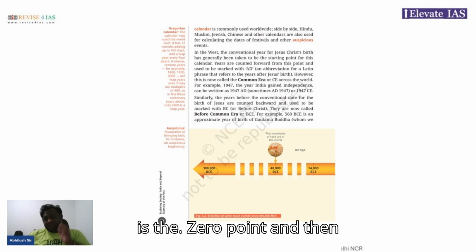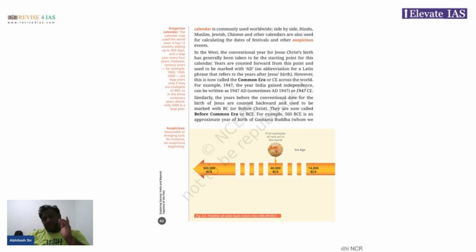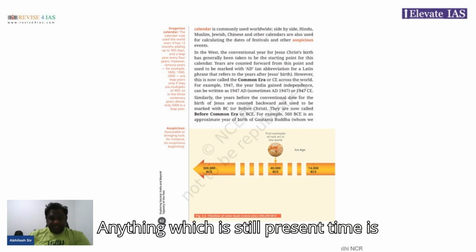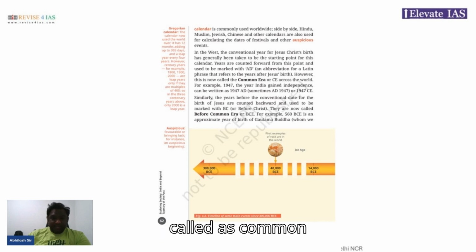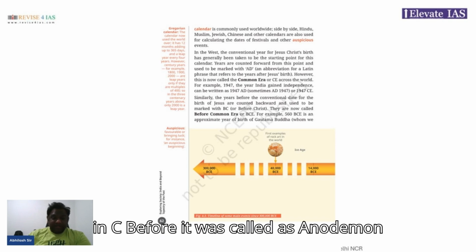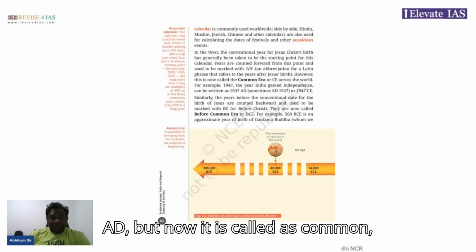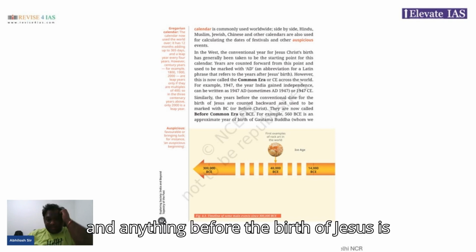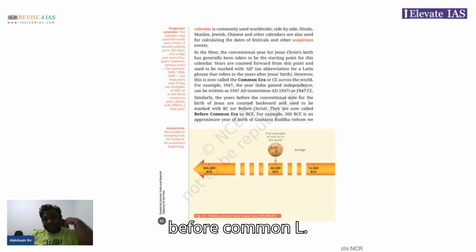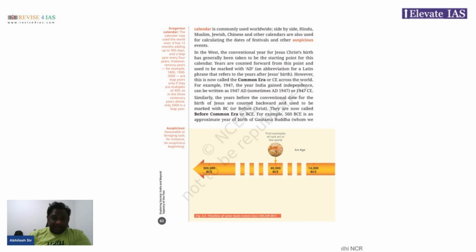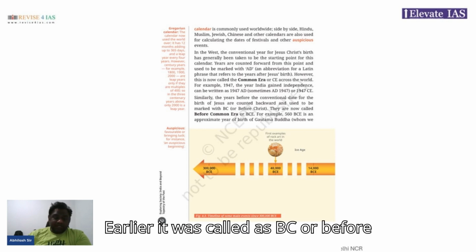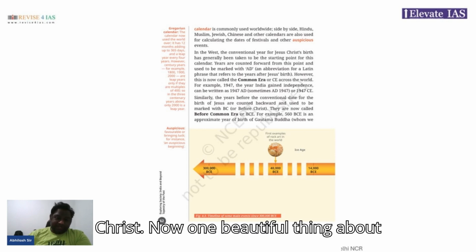It is the 0 point, and anything after that till the present time is called common era, CE. Before it was called Anno Domini, AD, but now it is called common era. Anything before the birth of Jesus is called BCE, before common era. Earlier it was called BC, or before Christ.